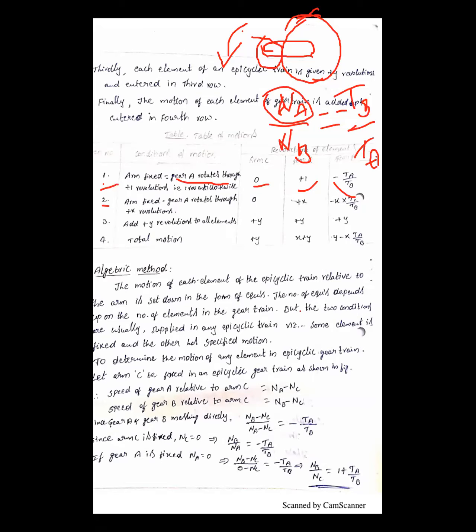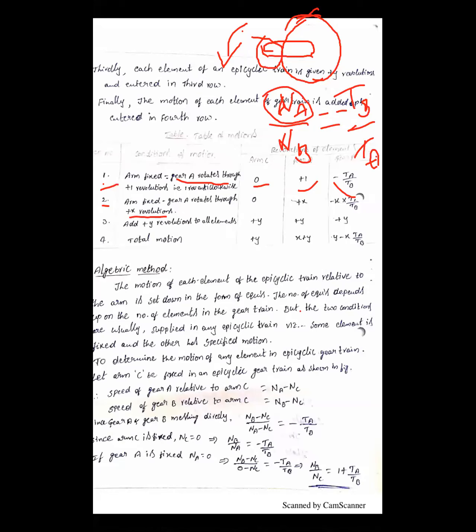The arm is fixed, and gear A rotates plus X revolutions. Because in the earlier condition we took only one revolution, but now it is not possible to get just one revolution.